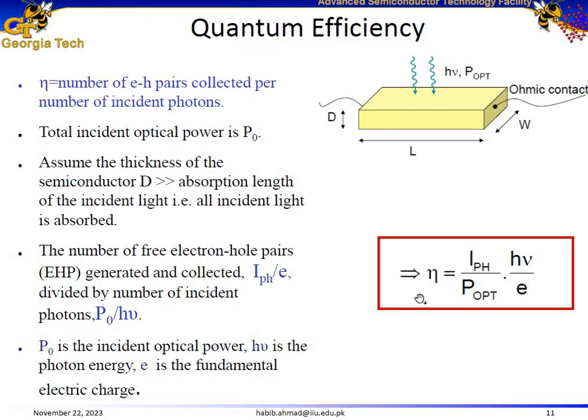So basically efficiency is equal to output divided by input. Output is I_PH divided by the charge on electron, and input is light, which is P naught divided by h nu, gives us the number of incident photons. Replace this value in the quantum efficiency equation, and here we get a simple relationship for calculating the efficiency of photodetectors.